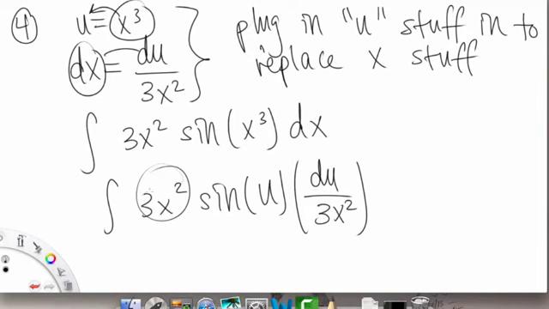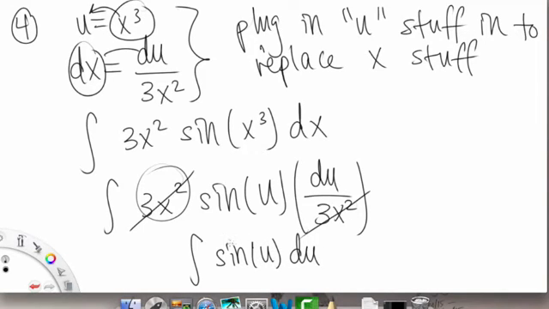And see here how we couldn't replace that because we had nothing to replace an x squared or a 3x squared or anything like that, okay? But we do see that oftentimes things will cancel conveniently. So here in this problem, for example, we have a 3x squared on top and a 3x squared on the bottom that will cancel nicely, okay? So what we are left with is sine of u times du.